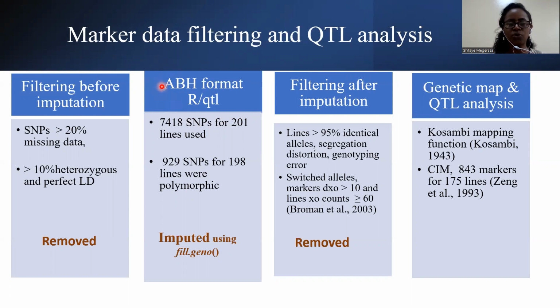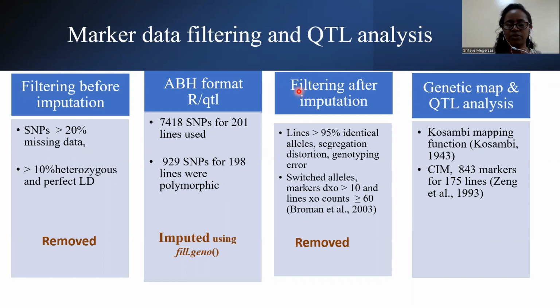A stands for the homozygous allele for the susceptible parent, B for the homozygous resistant, and H for the heterozygous. For this, we used 7,418 SNPs for 201 lines, and we generated 929 SNPs for 119 lines that were polymorphic. The missing data was imputed using the fill.geno function in the R/qtl package.